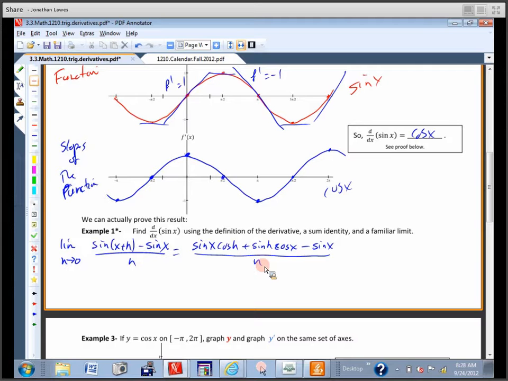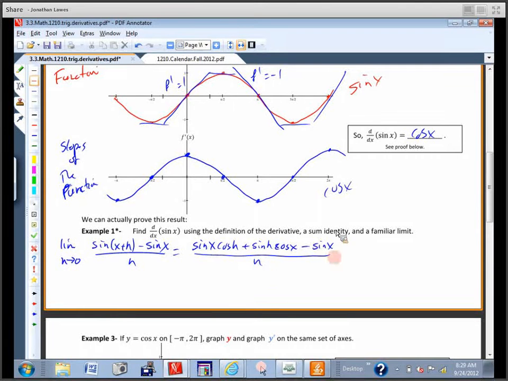Let's see. Ideas? Yeah, Ryan? The sine of x times cosine of h, and you can factor that out, the sine of x from.